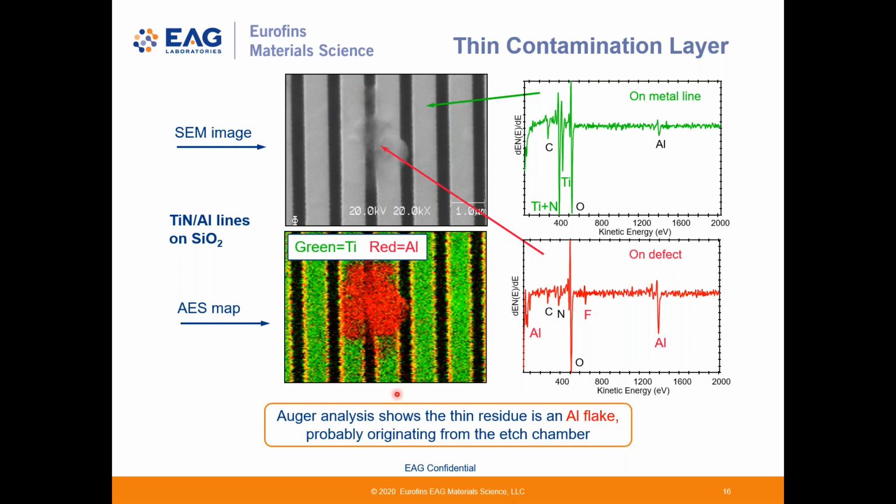So we don't collect full spectra like you see at the right for every point. We only measure quickly the difference between the peak intensity and the adjacent background intensity. And so we've done this for aluminum and for titanium, and we color coded the aluminum red and the titanium green in this map overlay.